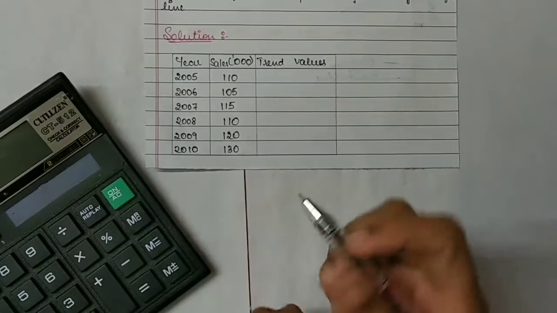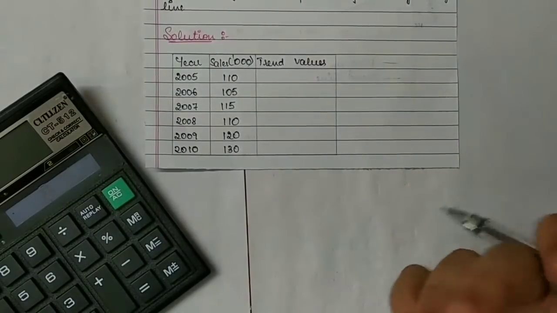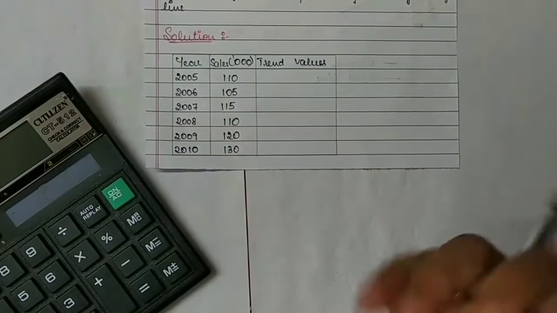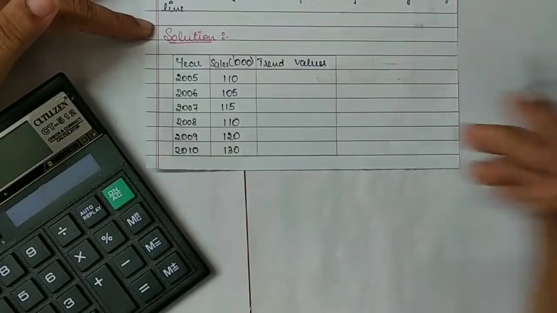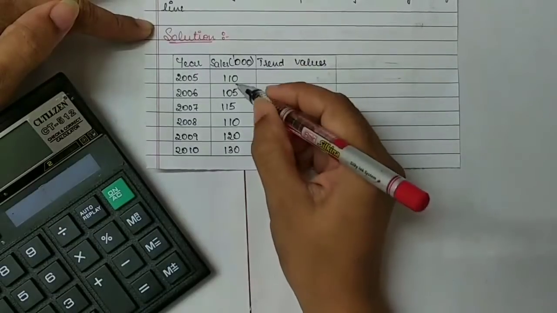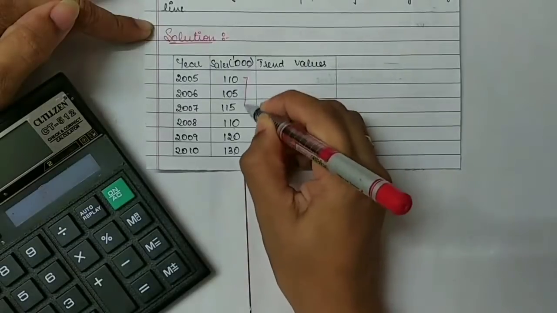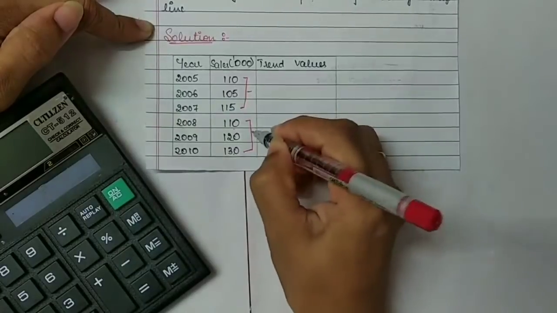According to the question, we are asked to draw a trend line by the method of semi-averages, isn't it? The first step in semi-averages is the original data is divided into two equal parts. Here, 1, 2, 3, 4, 5, 6, six items are there. Two equal parts means 3 in each group.